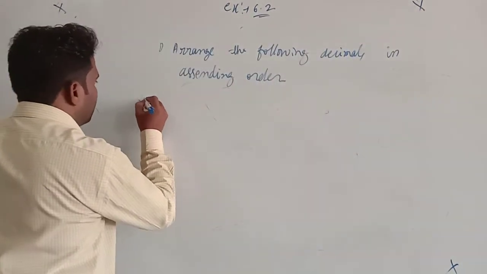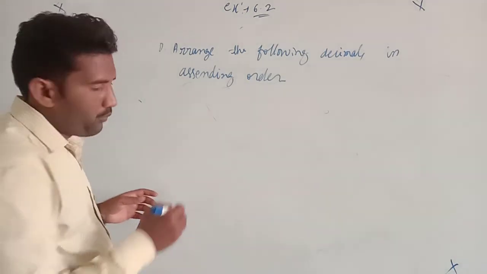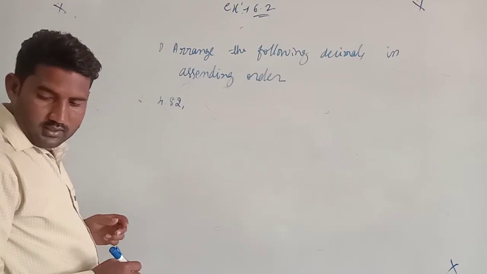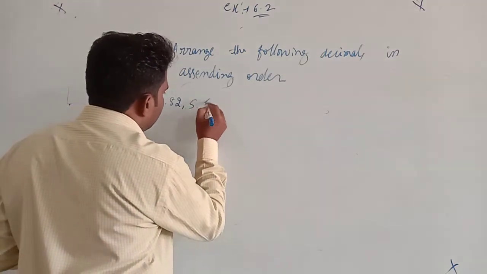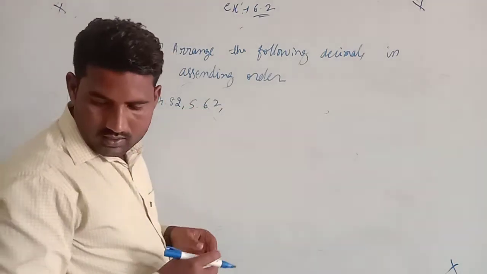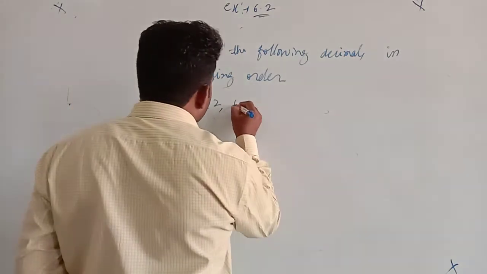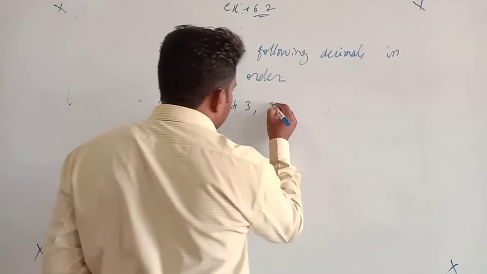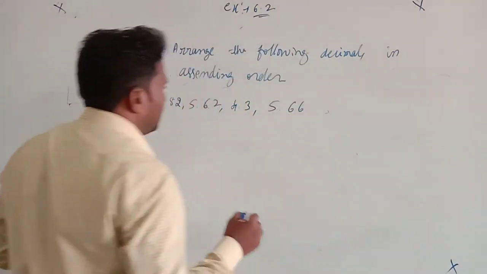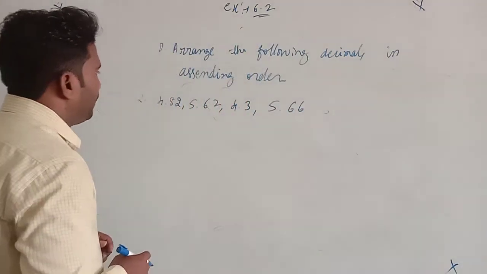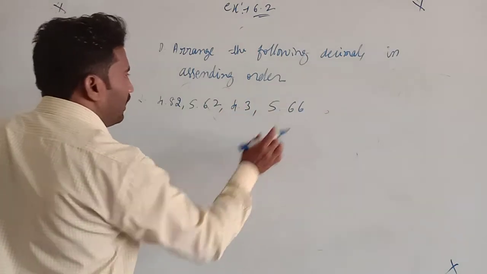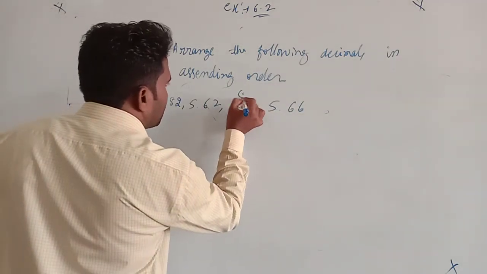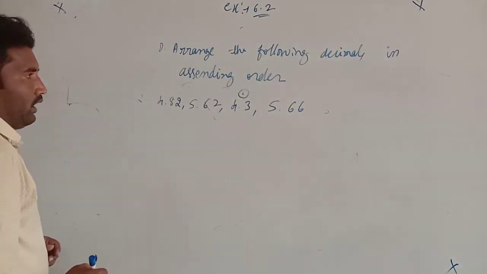Second one, that is 4.82, 5.62, 4.3, then last 5.66. Okay, so when we are comparing the first, second, third and fourth decimals, the smallest is 4.3.